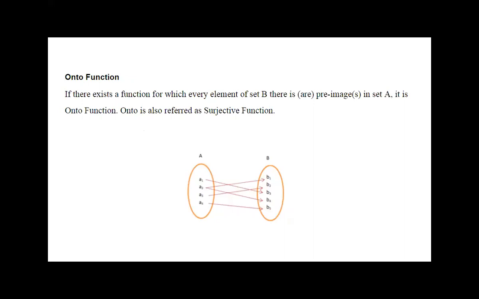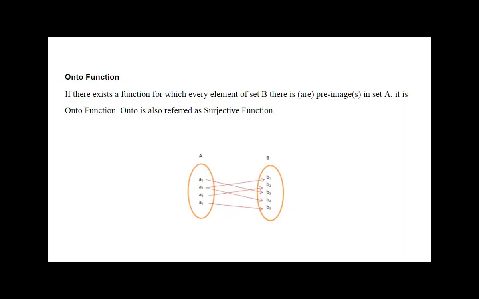This onto function is surjective function. If every element of set B has a pre-image in set A, it is called an onto function.